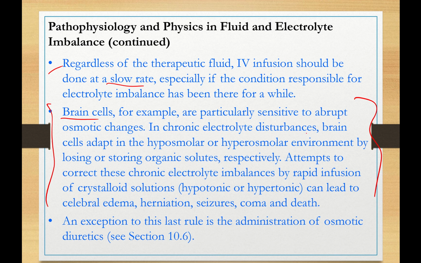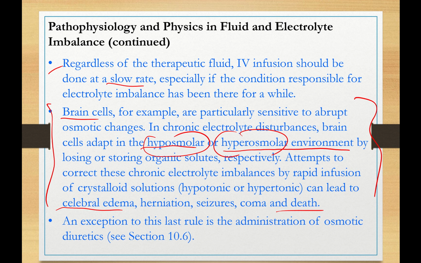In chronic electrolyte disturbances, brain cells adapt in hyposmolar or hyperosmolar environment, both ways, okay? By losing or storing organic solutes respectively. Attempts to correct these chronic electrolyte imbalances by rapid infusion of crystalloid solutions can lead to cerebral edema, herniation, and coma and death. So this is very important.